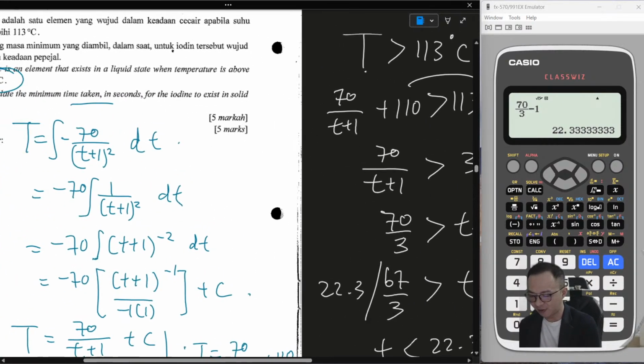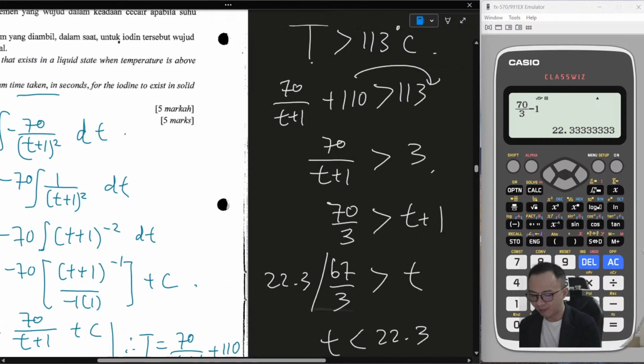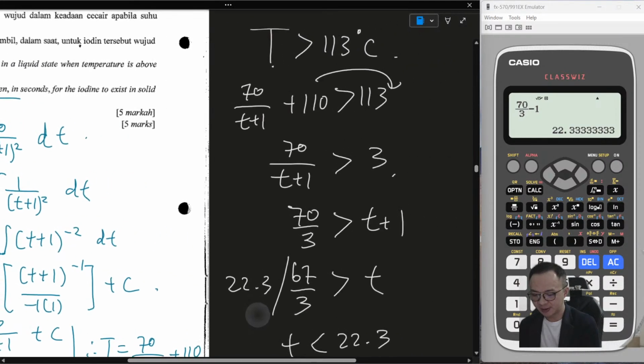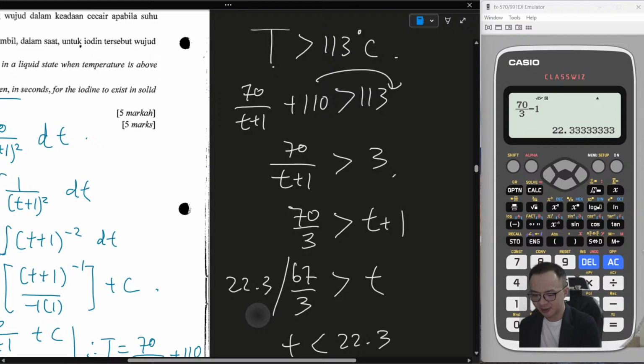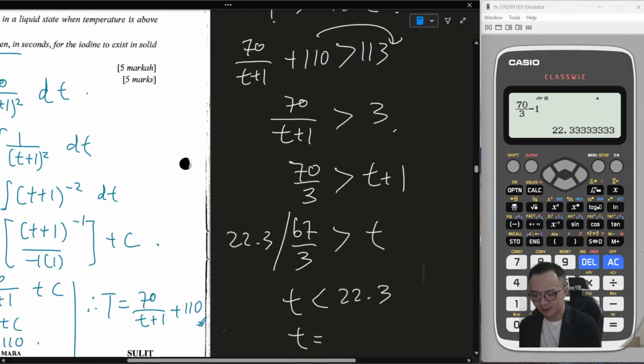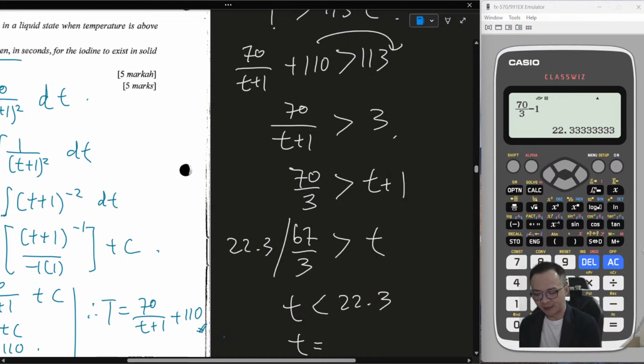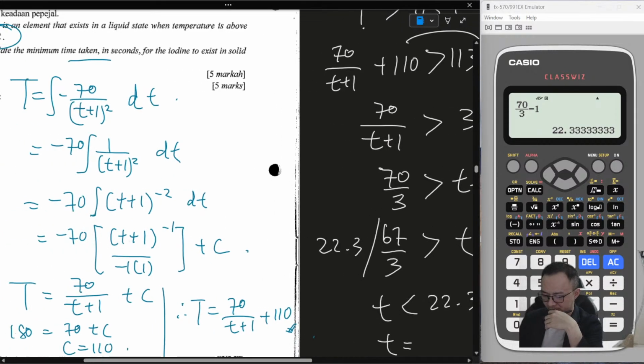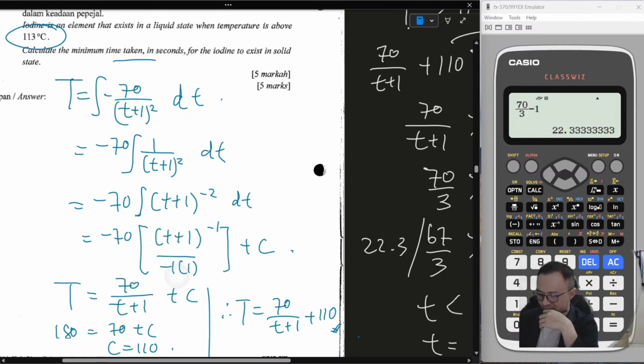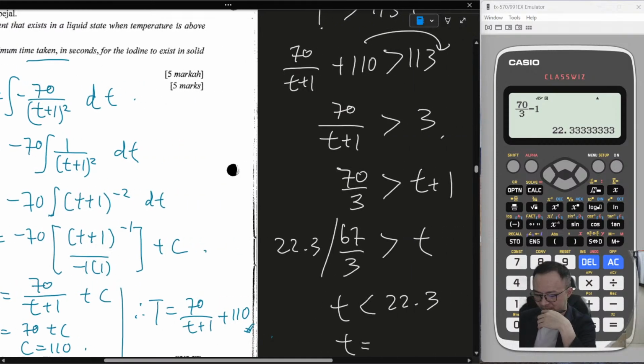Is my inequality wrong? Above, minus. Yeah, T will be less than this one. So the T value, I would say, is 22 seconds.